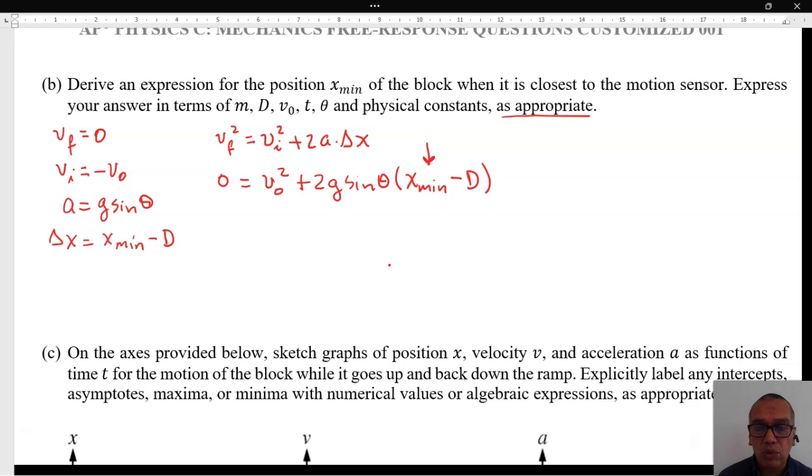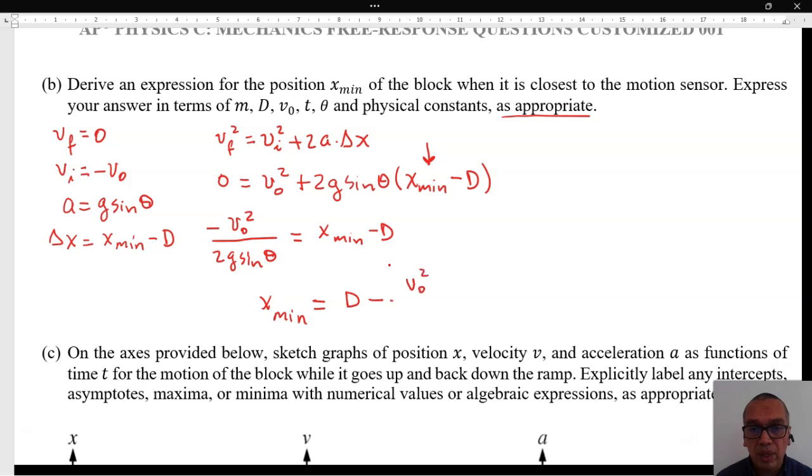So now we only have to manipulate this equation to get x min. You have that negative v naught squared divided by 2g sine of theta is equal to x min minus d. So the minimum position x min from the origin is equal to d minus v naught squared divided by 2g sine of theta. And that is the answer that we were looking for.